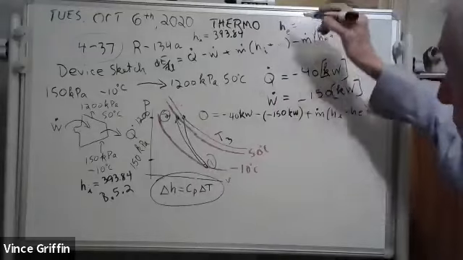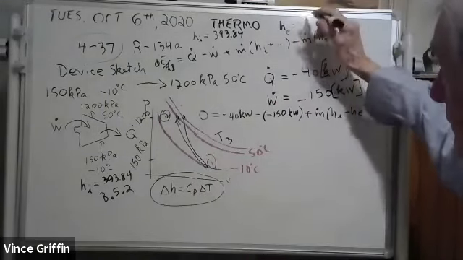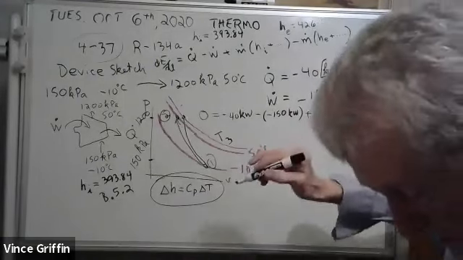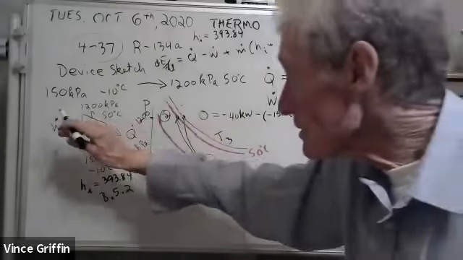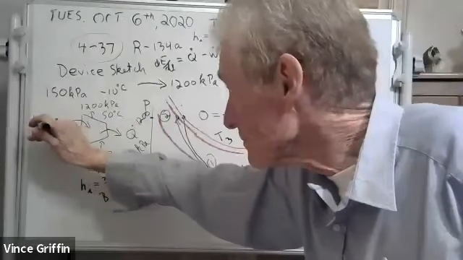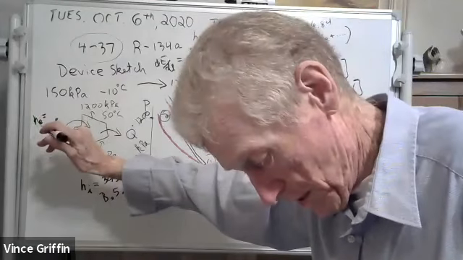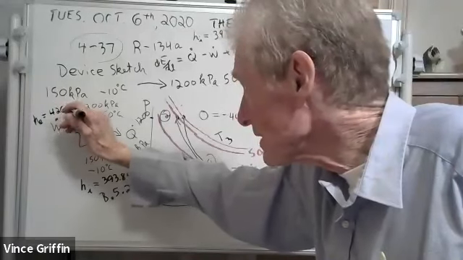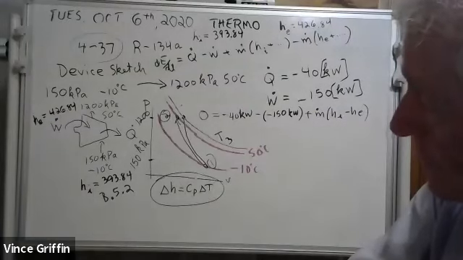Hey, I found it. You know what this is? It's 426.84. See the exiting specific enthalpy. The exiting specific enthalpy is 426.84. And I'm going to wait until I hear two or three uh-huhs on that.